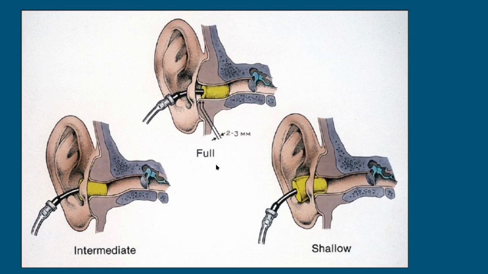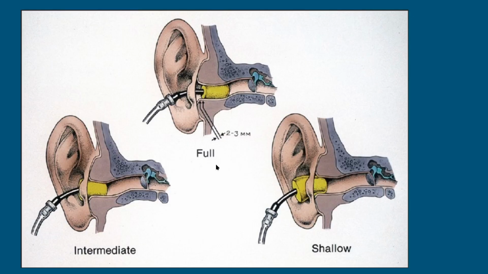The ideal is the full insert depth, about 2 to 3 millimeters inward. There you can see that the insert foam tip is in the cartilaginous canal, but just at the juncture of the bony canal. You'll increase interaural attenuation by doing so, but oftentimes it might be uncomfortable, or you might just not be able to physically fit it in deep enough because of the angle of the ear canal.